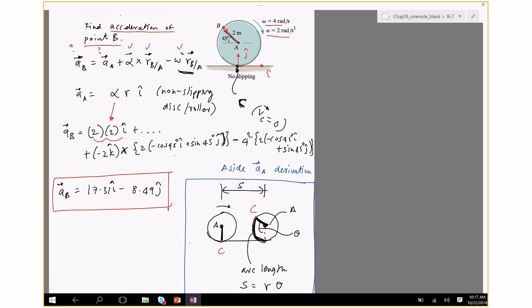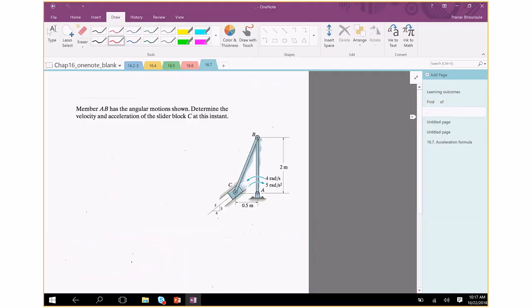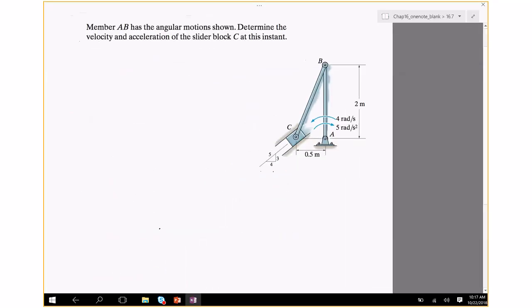Now let's look at a problem involving mechanisms. A problem like this will not show up in the exam because it's too easy. Something like this is more likely to be in the exam. Okay, so let's read it. A member AB, the vertical length, has angular motions shown, so 5 radians per second squared.